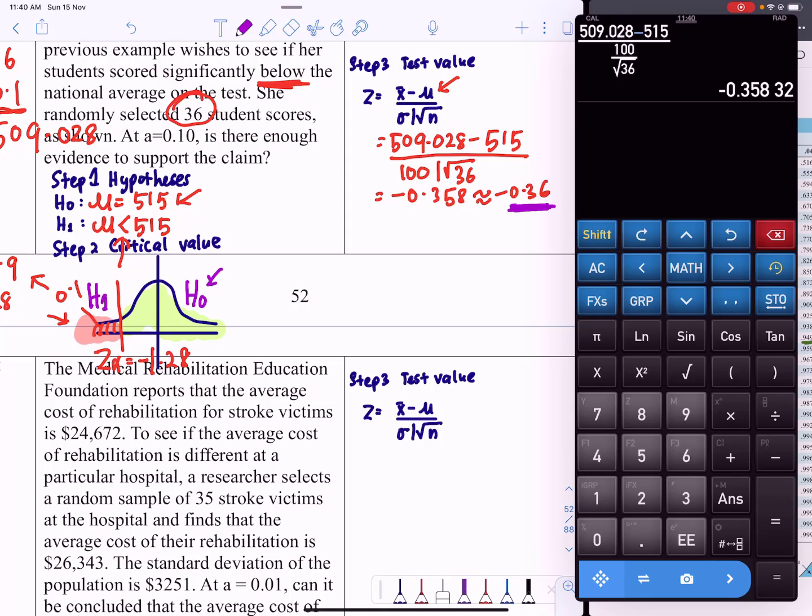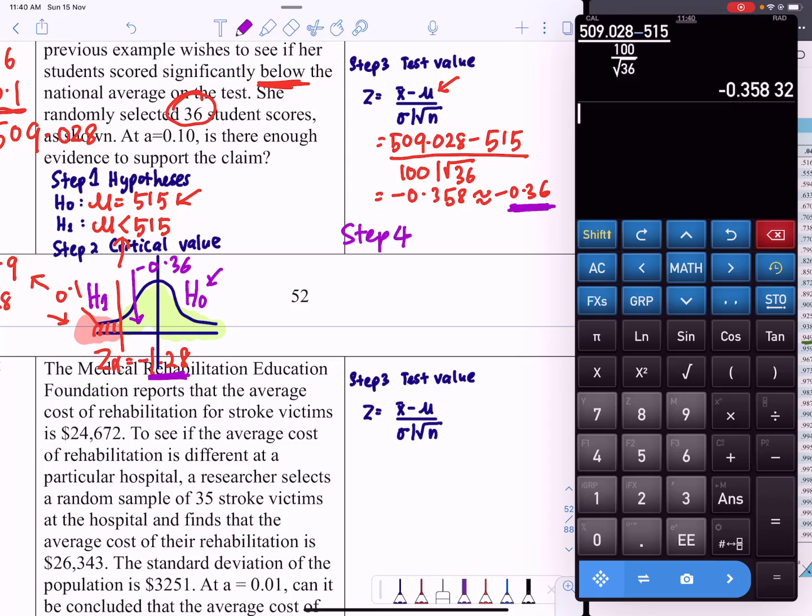For negative 0.36, it falls before the critical region, which starts at negative 1.28. That means we cannot reject the null hypothesis.